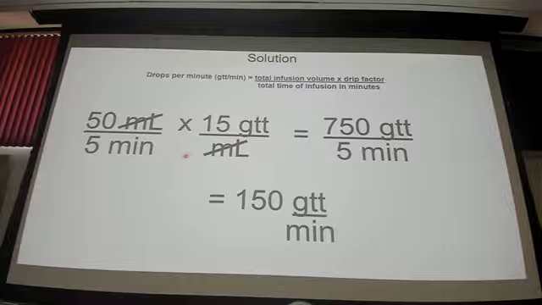And so that will give you 150 drips per minute. All right. Any questions about that calculation? Yes. Are we going to be converting it into drops per second? Drops per minute. Drops per minute. Any questions?